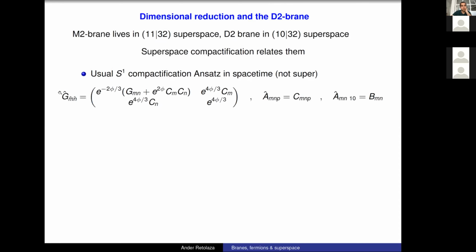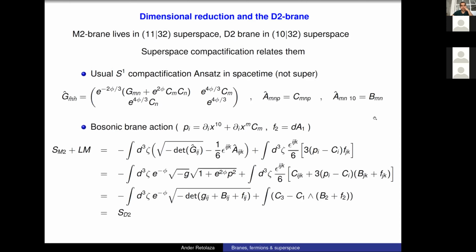I have the decomposition of the 11-dimensional metric into the 10-dimensional metric, the dilaton, and the Ramond-Ramond one-form potential. I also need an ansatz for the 3-form in 11-dimensional supergravity, which decomposes into the Ramond-Ramond 3-form potential and the Neveu-Schwarz 2-form potential. Using this, you can go to the brane action.